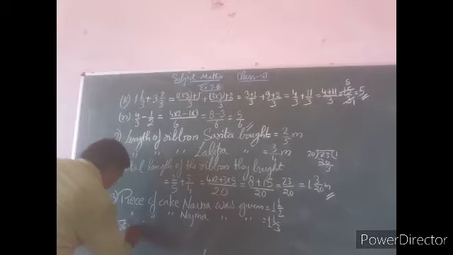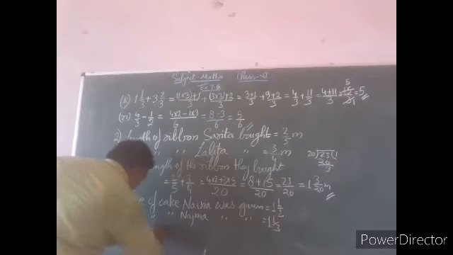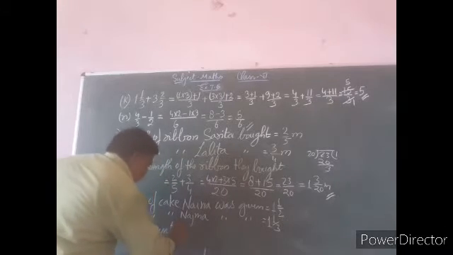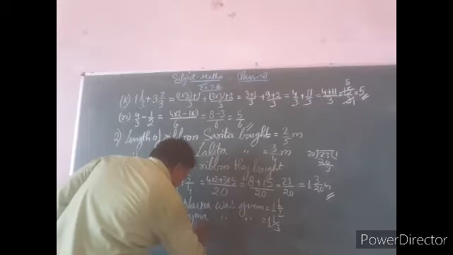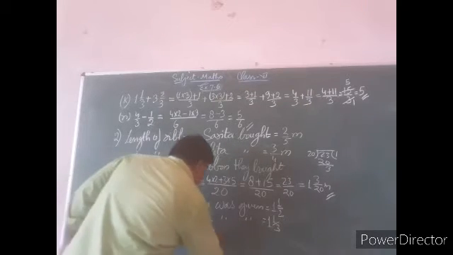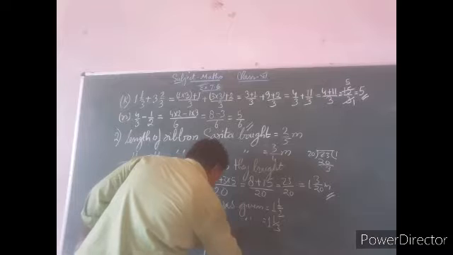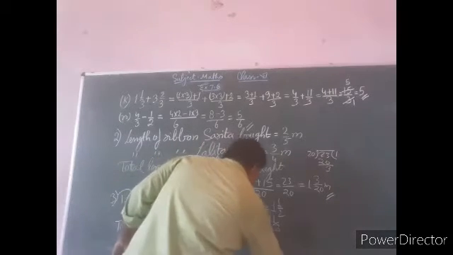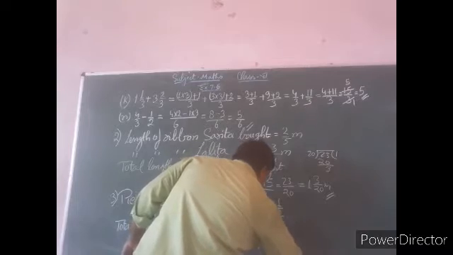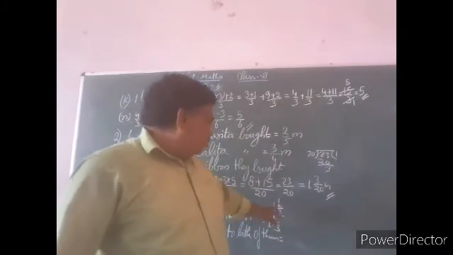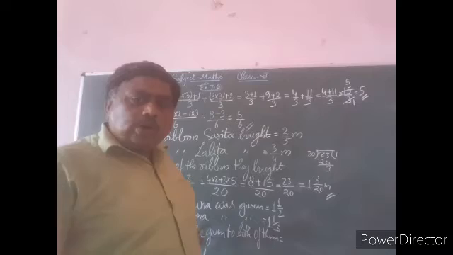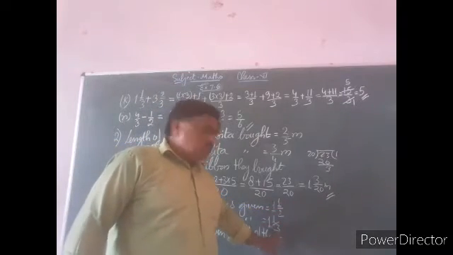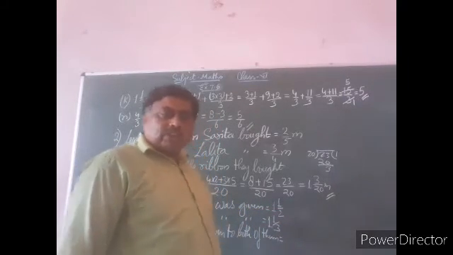Total amount of cake given to both of them. So to find out the total amount, add these two fractions.